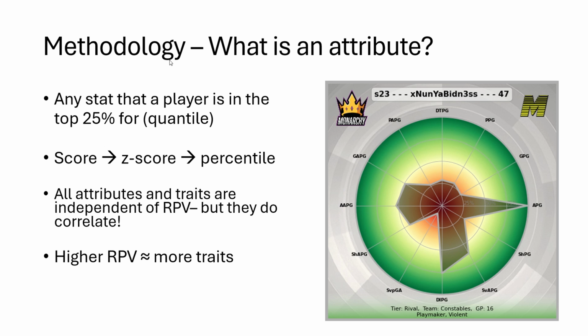So, an attribute as far as this bot goes is any stat that a player is in the top 25% for, or quantile, we'll call them quantiles, and that's a hard cutoff. When checking for an attribute, it takes players who have played 4 games in the first half of the season, 8 games in the second half, to get rid of extreme outliers.